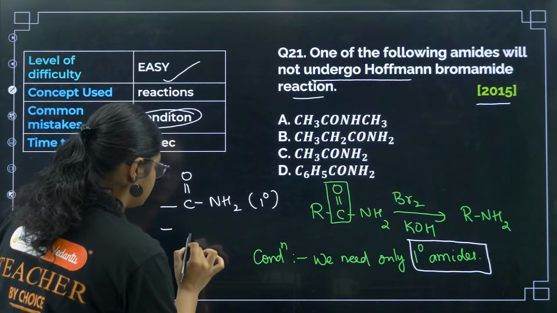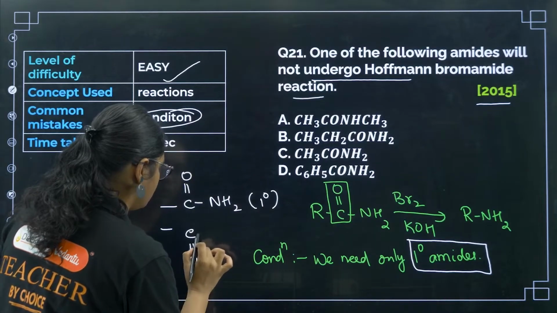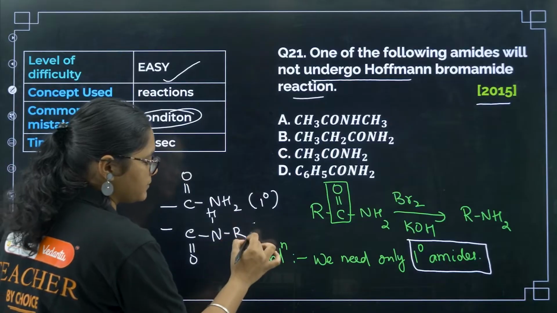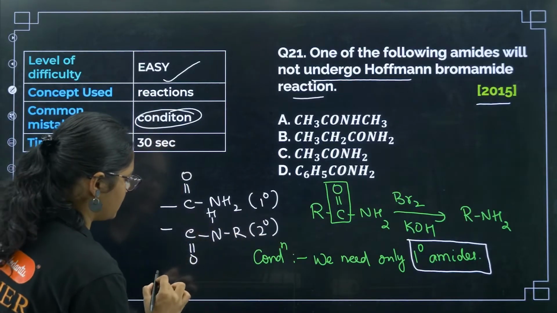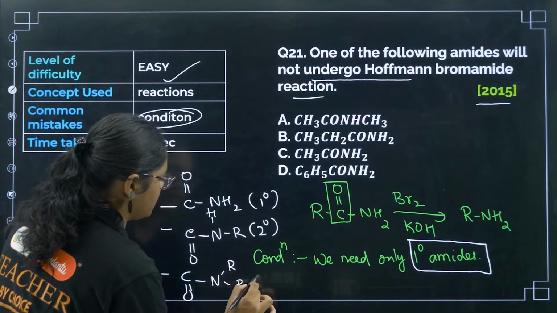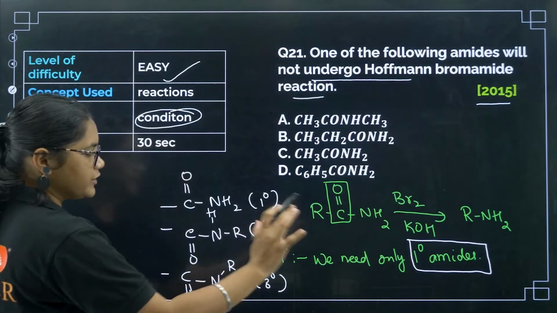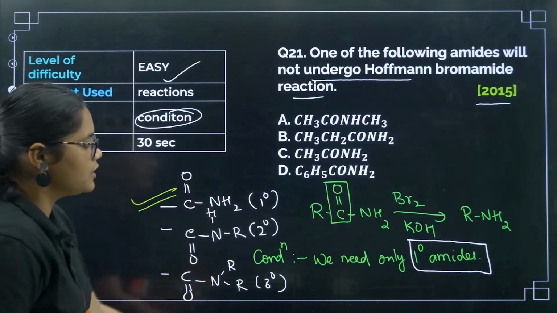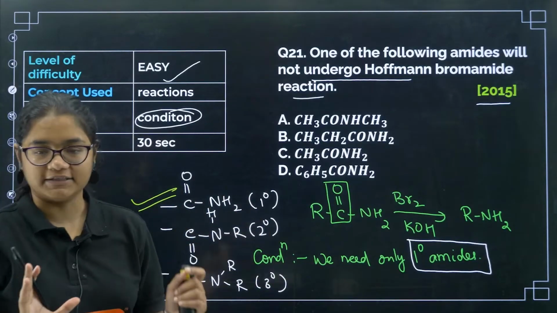If we have it like this, C double bond O, N, H and R, where two hydrogens are replaced, then it is a secondary amide. If you have it like this, then it is a tertiary amide. So according to the condition, only the primary amides will give you this Hofmann bromamide degradation reaction.